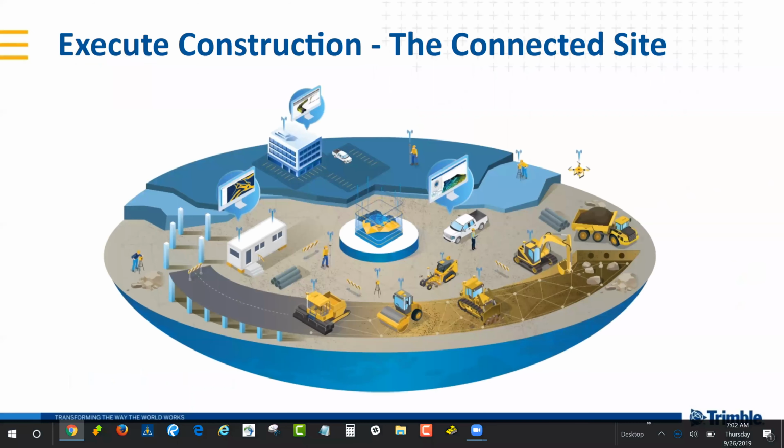So today, as far as the introduction and where this product fits in the construction continuum that Trimble refers to quite a bit, we're in the execute construction phase. This is when you're prepping the model, getting the data into a constructible mode.